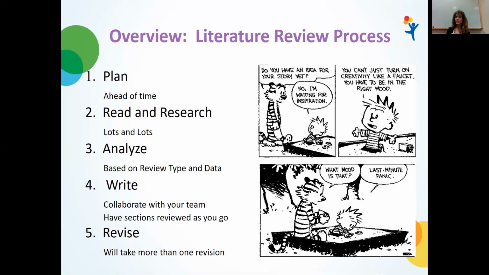This is the time where you get to be a sponge. You don't have to be so committed. You know what your focus area is, right? But you don't have to commit right this second to the directionality or the thing that you want to do. Take it all in. This is part of the process. And then we want to help you really analyze what you're reading. I'll get back to that in a minute.